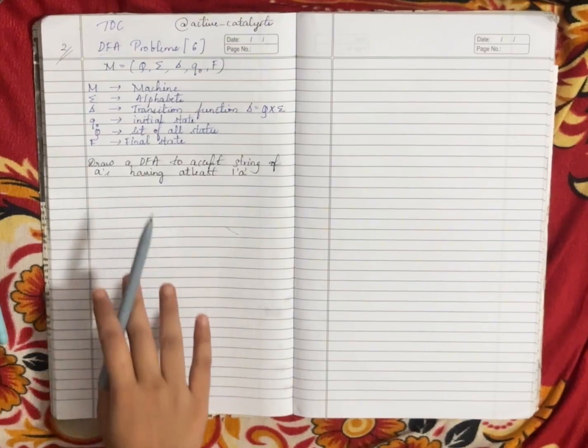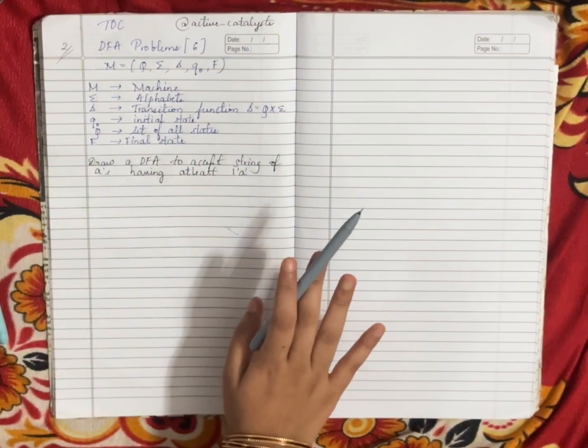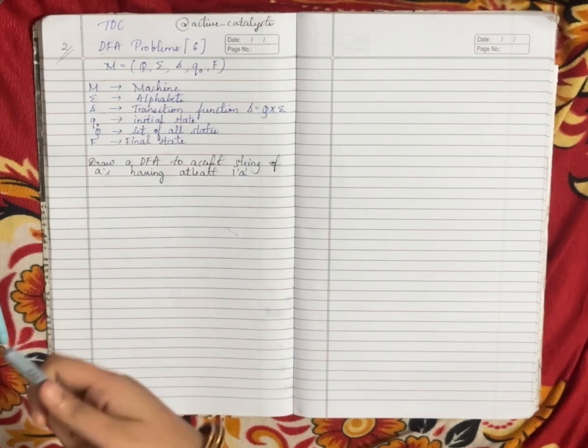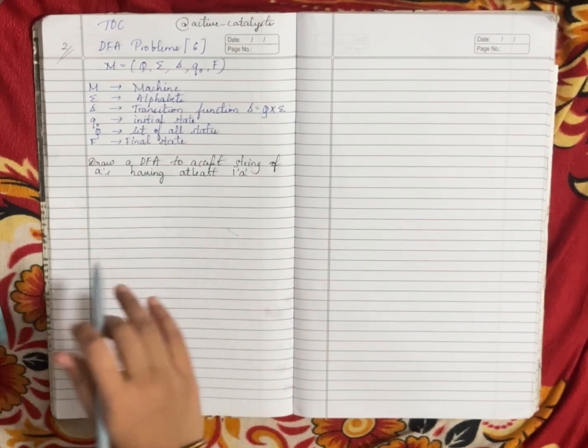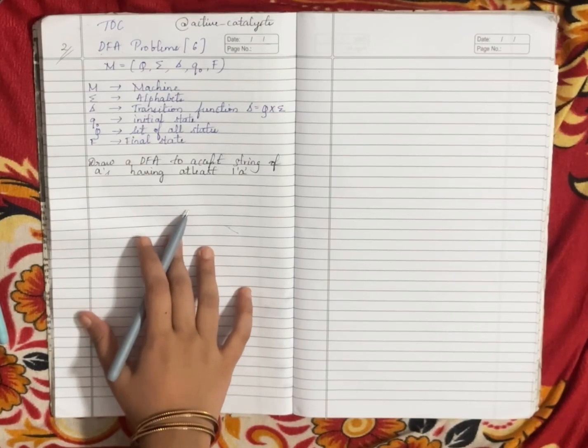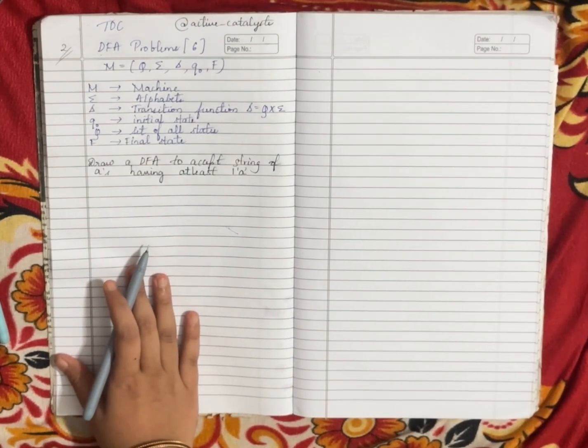Now let us understand this with one simple example. I will take a very simple example because I want you to understand how to start solving. Once you get the basics, you will be able to do the difficult questions as well.